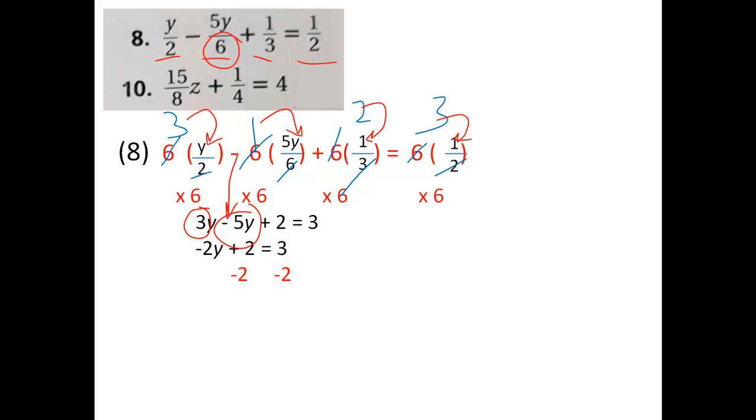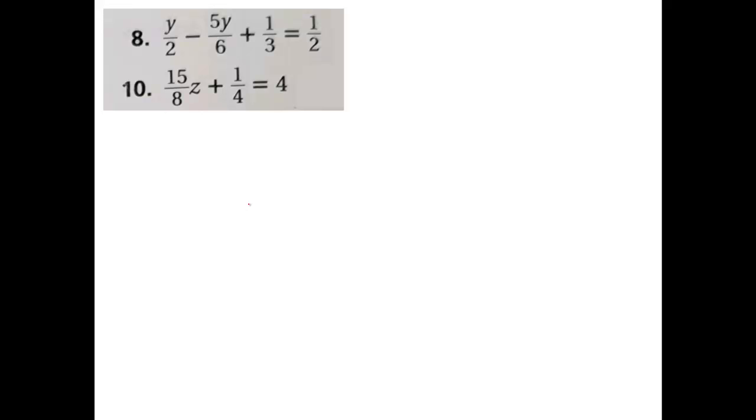Then I will have negative 2y equals 1. Then we have 2 multiplied by y, so we undo it by dividing by negative 2 on both sides. Negative 1 over 2. Don't forget, it's 1 divided by 2, it's 1 over 2. Let's go to question 10.